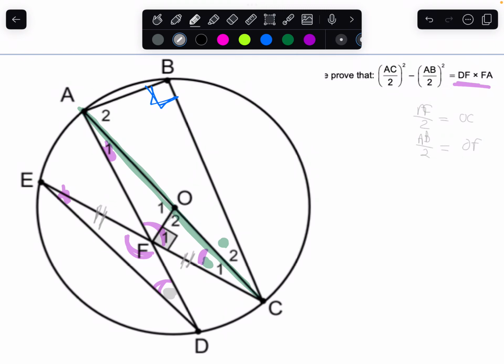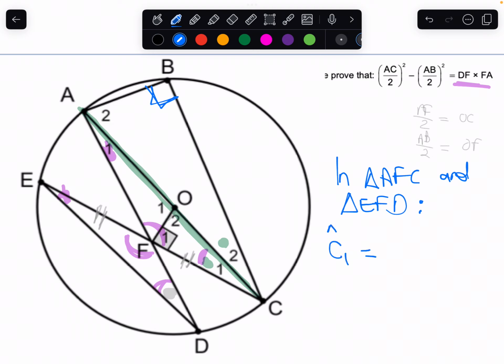Okay, so I'm going to say in triangle AFC and triangle EFD, we know that angle C1 is equal to angle D because angles in the same segment.